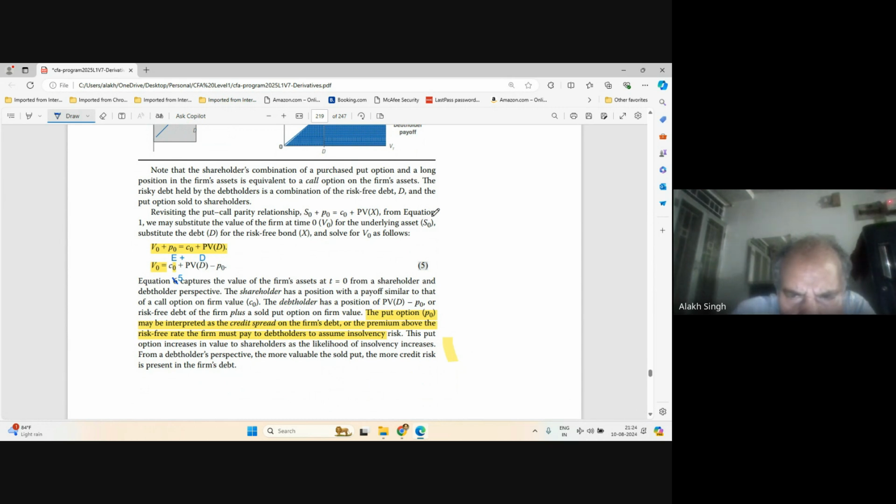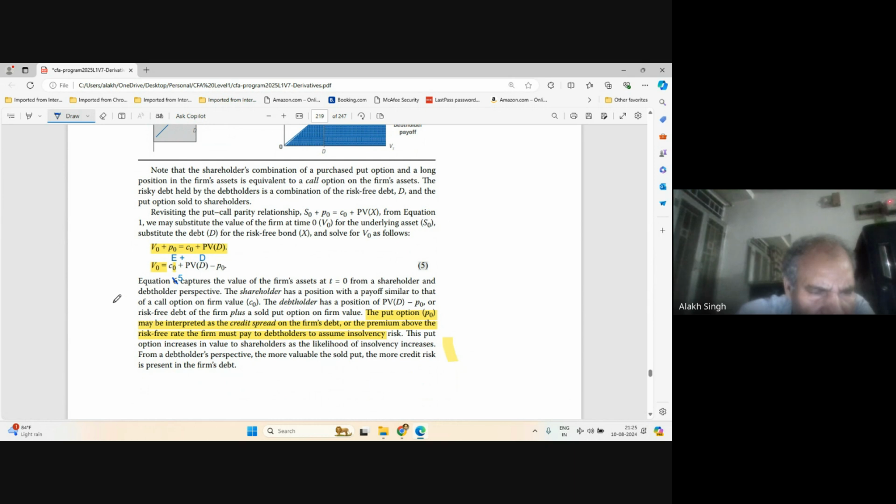From equation 1, we may substitute the value of the firm at time 0, V0, for the underlying assets S0, and substitute the debt for the risk-free bond X. So X is the exercise price here, so the present value of debt, and then plus C0. And solve for V0 as follows. It is just substituting this equation.